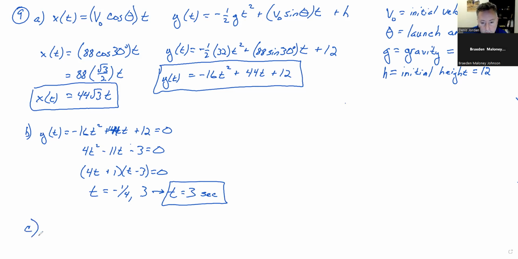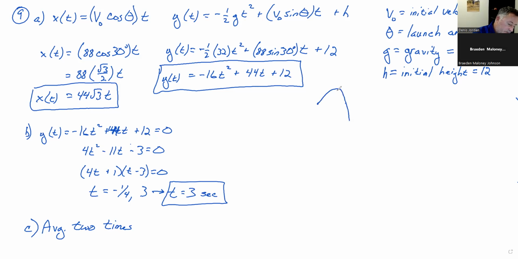Okay. All right, part C, when is it at its maximum height? You can do one of two things. For me, the easiest one is to go off your answer from part B and just average the 2 times. Because when you throw something up or you launch it, it's making a parabola. It's doing something like that.